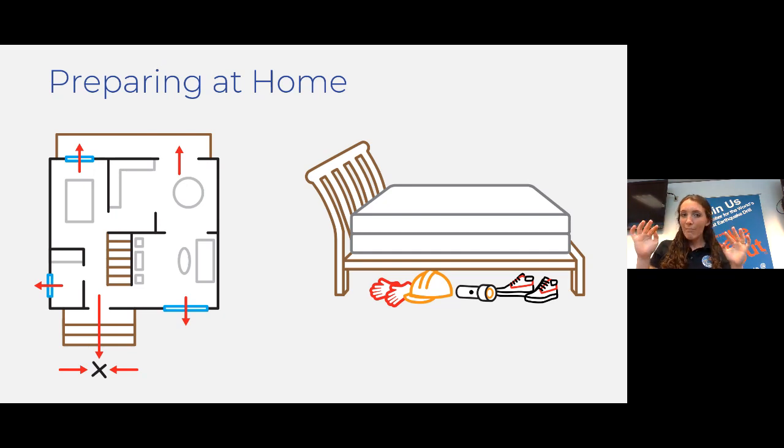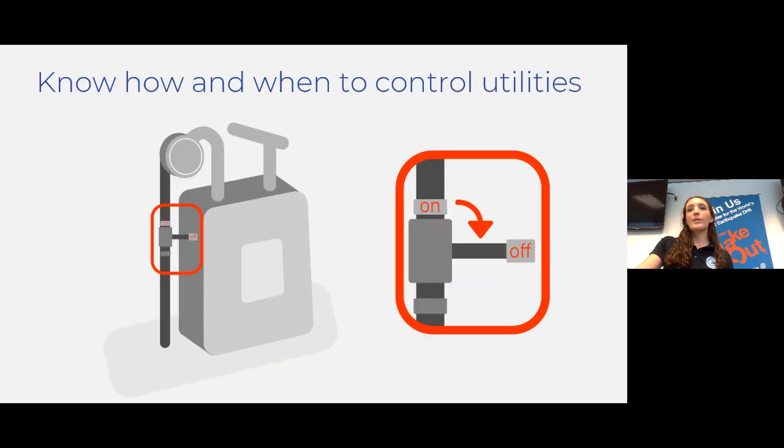You did your stay in bed, cover and hold on, the ground stops shaking, and then you want to go check on your family, but there might be broken glass all over the ground or other damaging items that could hurt you. So keep an old pair of tennis shoes, something that'll protect your feet, maybe a flashlight, some hard or heavy duty gloves. Keep a few supplies under your bed to give you more options to keep you and your family safe in an earthquake.